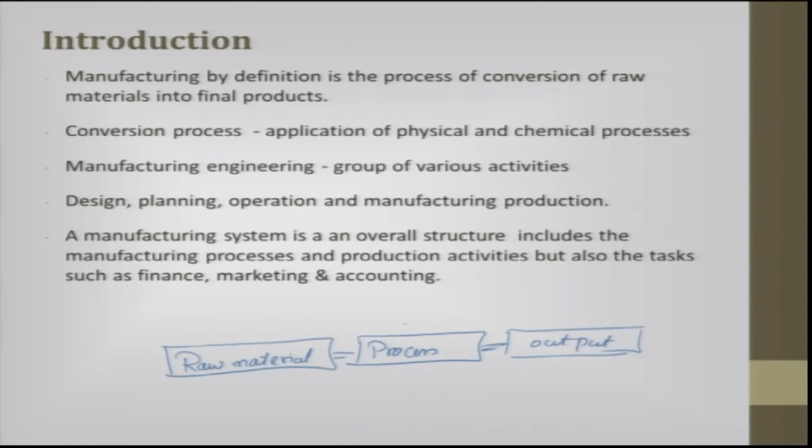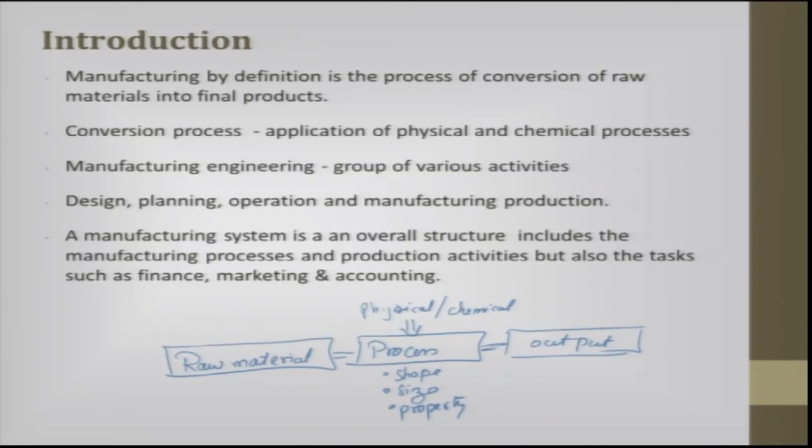This process can be, you try to apply either physical or chemical energy, to change the raw material. Here you can change the shape, you can change the size, or you can only change the property to get the required output.